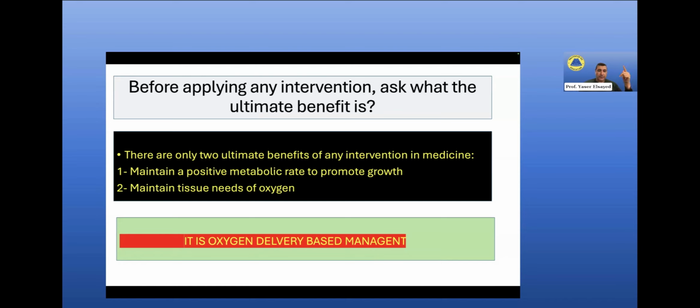Number two, which is important in hemodynamics: maintain tissue needs of oxygen, full stop. If your intervention doesn't improve oxygen consumption and delivery, then it is a dangerous intervention, not helpful. So it is about oxygen delivery-based management if you are talking about hemodynamics.